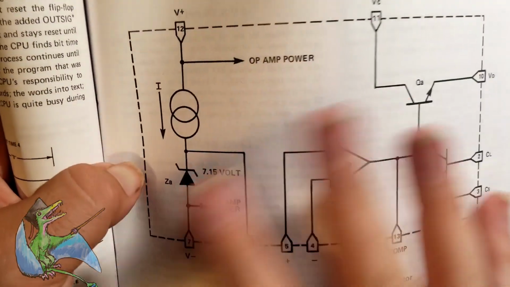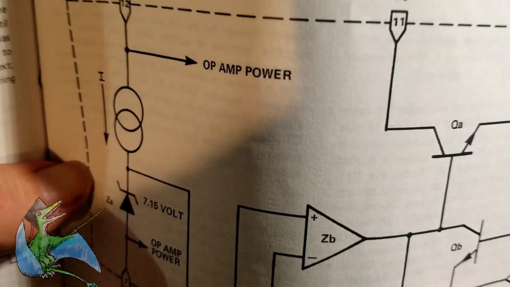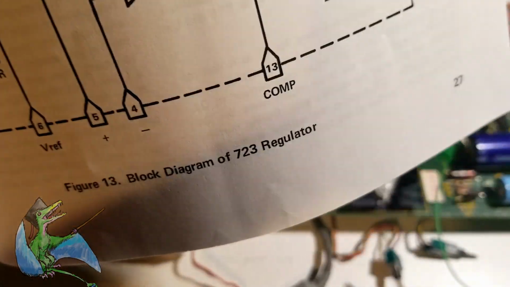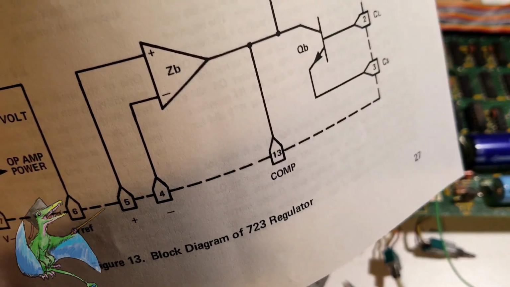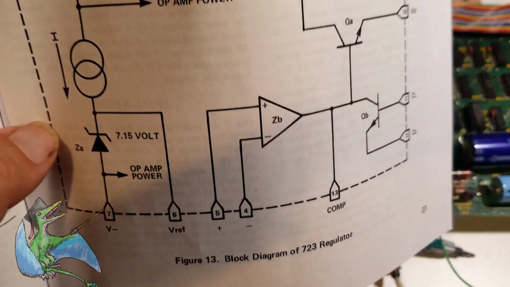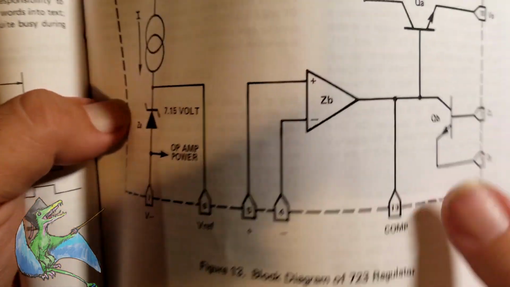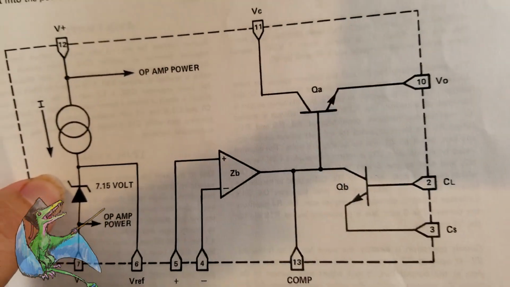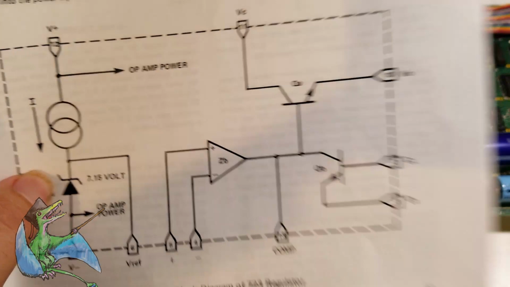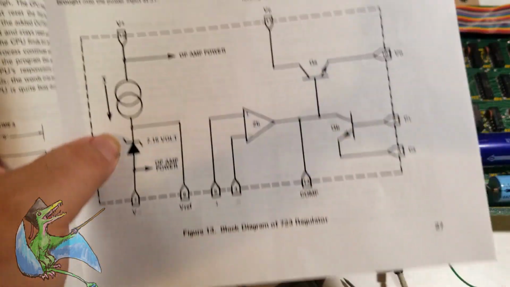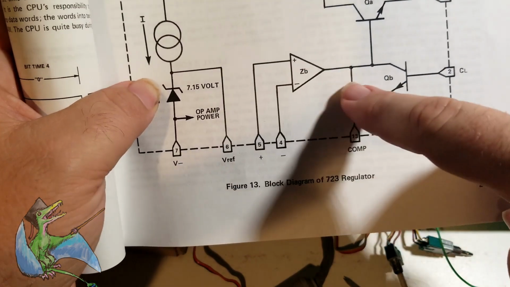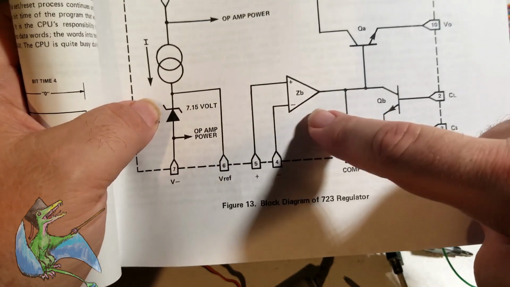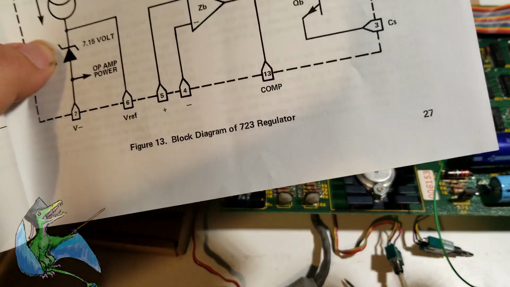Now, I'm not going to go too deep into this because analog circuitry is not my bag, and I don't want to make too many mistakes. But I will link in the description some links to people smarter than me that know their stuff here. Basically, it outputs this voltage reference, and then it uses a feedback loop with this component right here, a feedback amplifier.